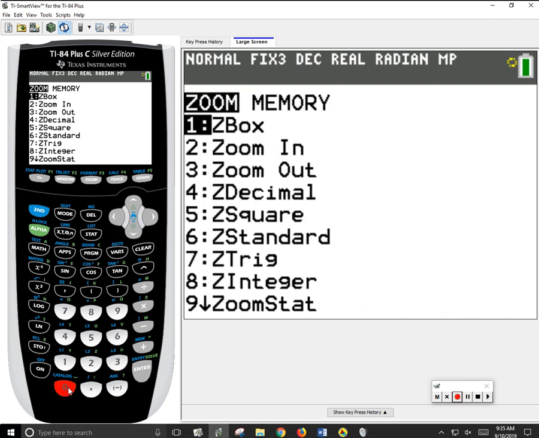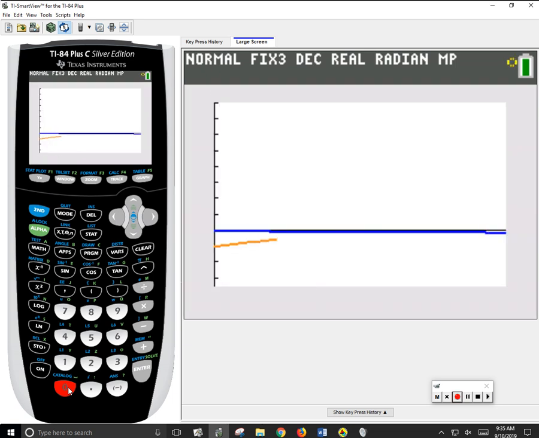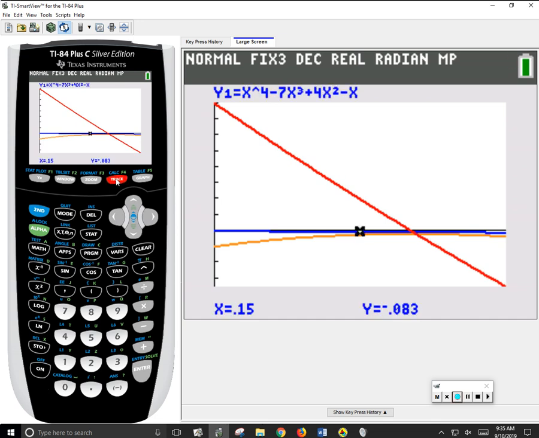When I'm on the calculator, if I hit the trace button, I can view some values. So trace, I make sure I'm on the velocity. Right here, look. Come on, make sense of this.